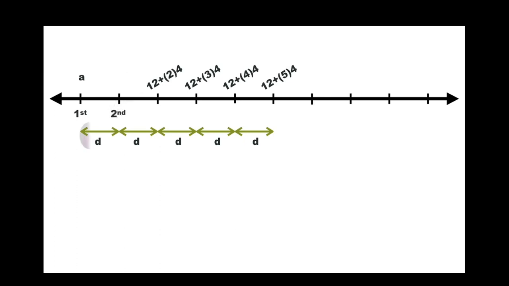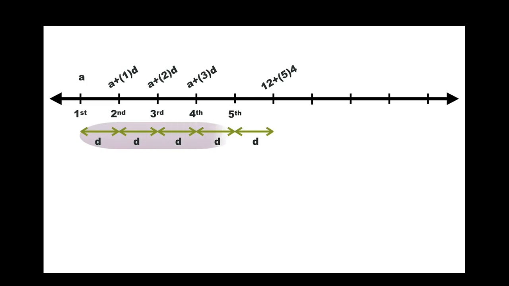Then my second term will be first term plus 1 time D. My third term will be first term A plus 2 times D. Similarly, my fourth number will be 3 times D added to the first number A. Fifth term will be 4 times D added to the first number A. Similarly, the sixth term will be A plus 5 times D. The list goes on in a similar pattern.